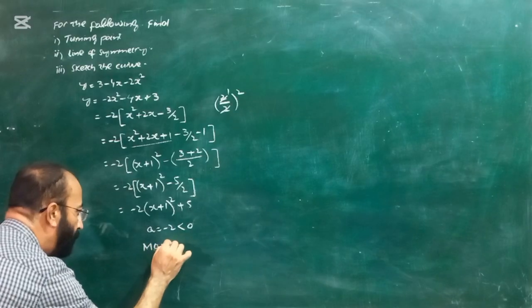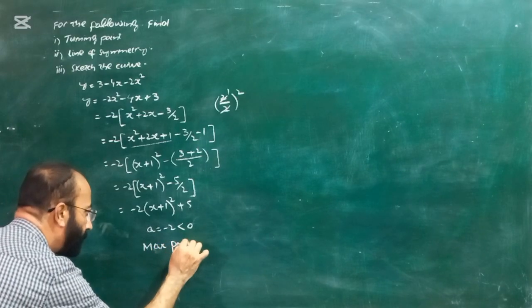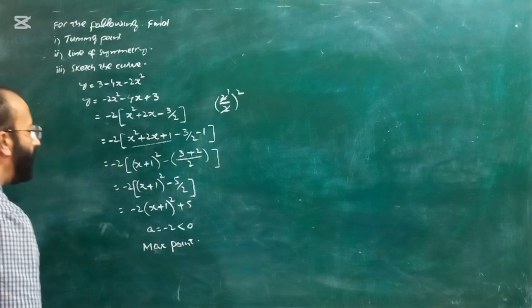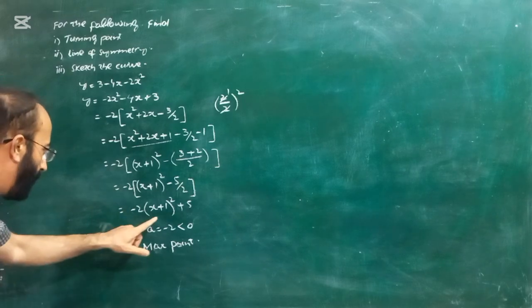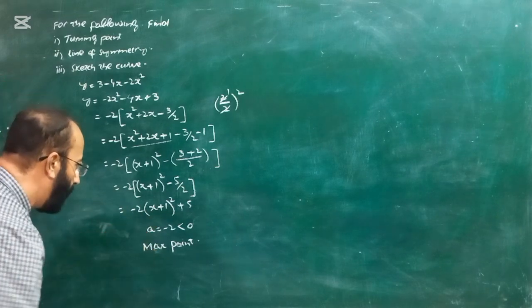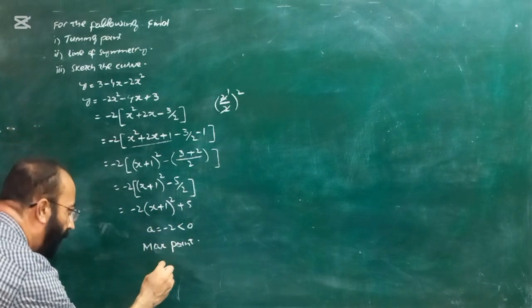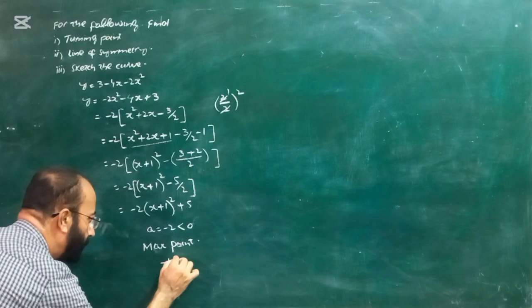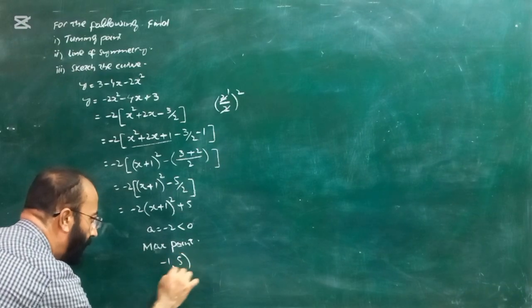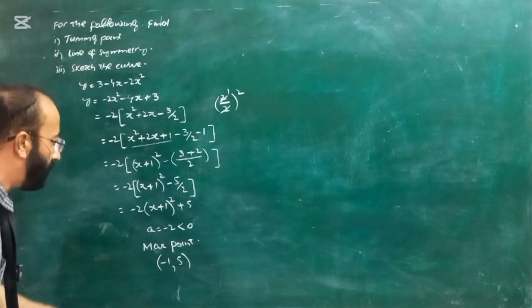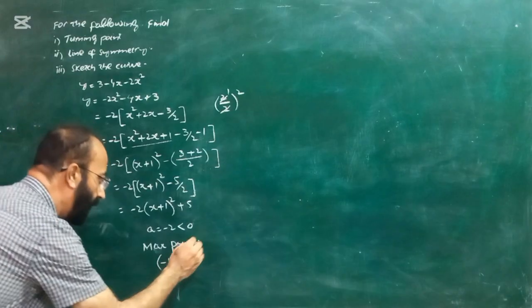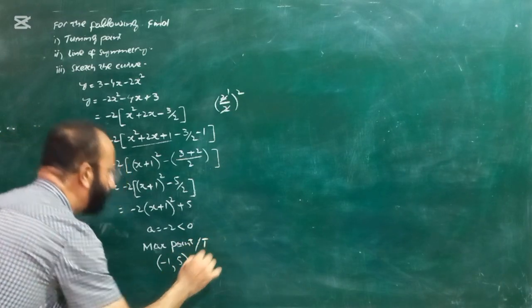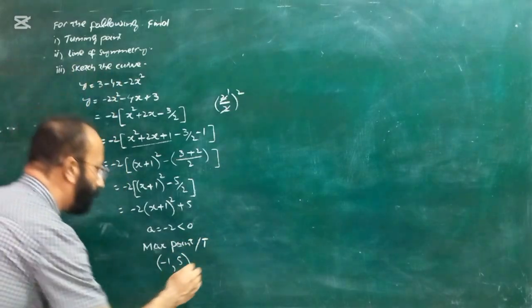So the maximum point will be minus 1 and 5. This is the turning point, as well as the maximum point, because the requirement was the turning point.